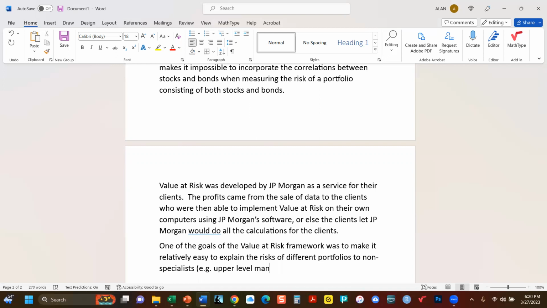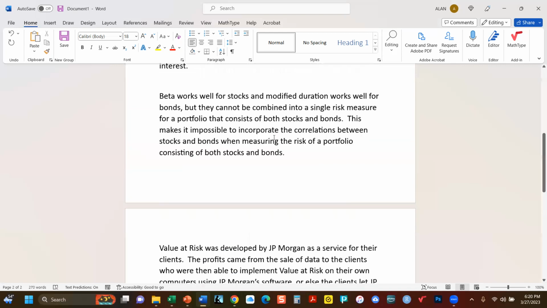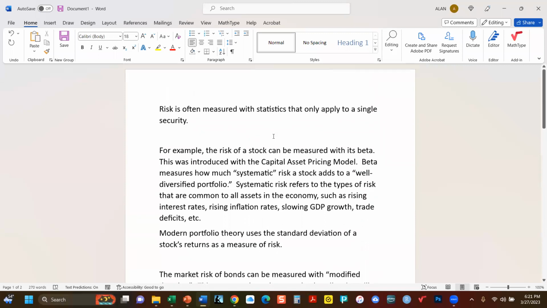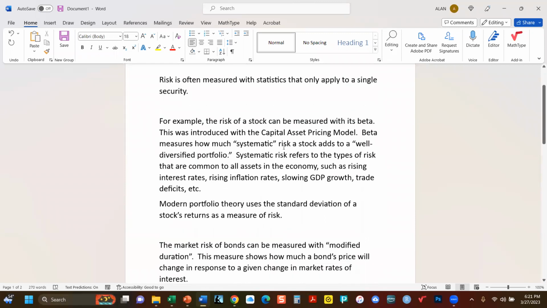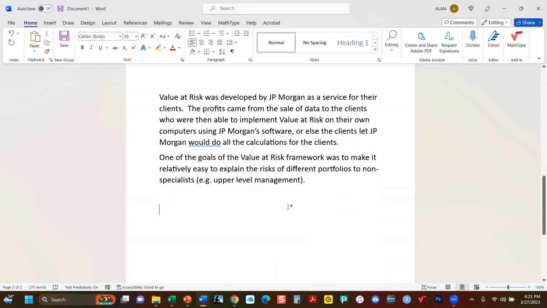And so they could say to them, listen, here's what our portfolios look like. Here's the risks that we're exposed to, without getting too deeply involved with all the statistical underpinnings of duration and CAPM and all the rest of this, because those are very complex models. And the thing is, you don't want to have to introduce statistical concepts to management when this is not what they do. This is not their specialty.